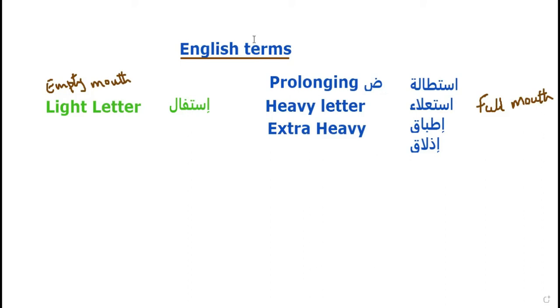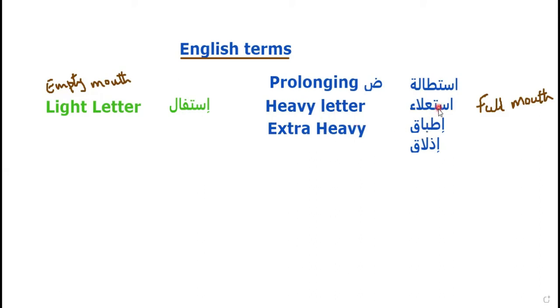So when they say like sirata, sirata, you say si is extra heavy. Sad has the quality of itbaq, which means it's extra heavy. It's not just heavy, it's extra heavy. So say si, not si. And ra has isti'la. It's heavy when there's a fatha on it.